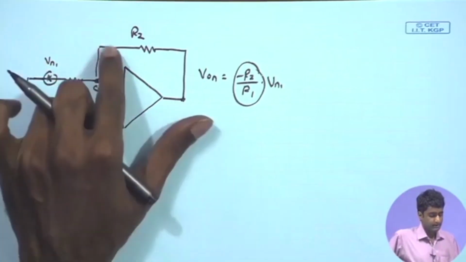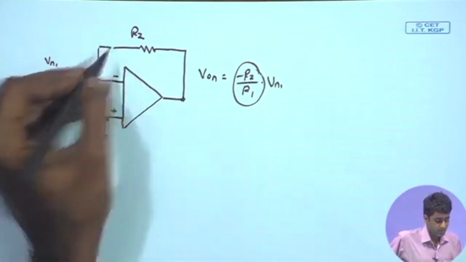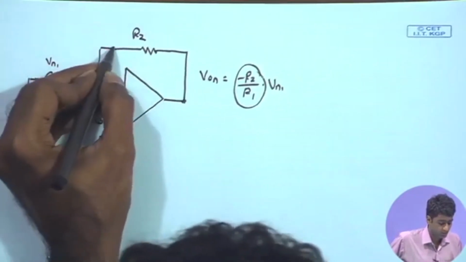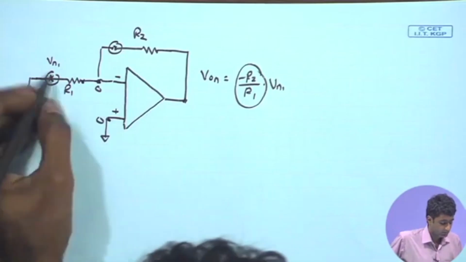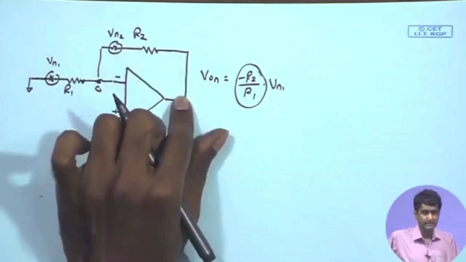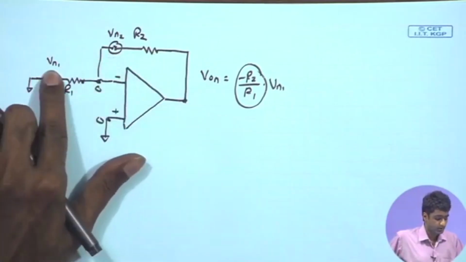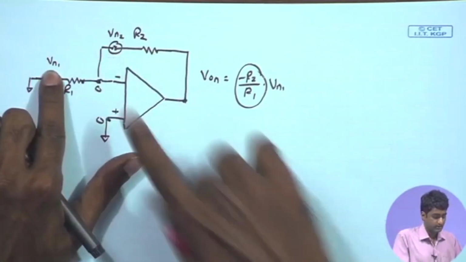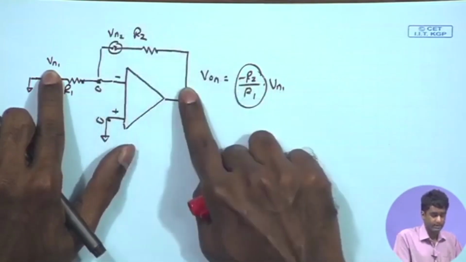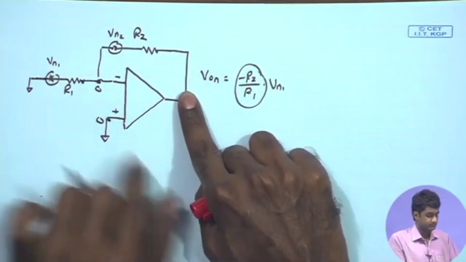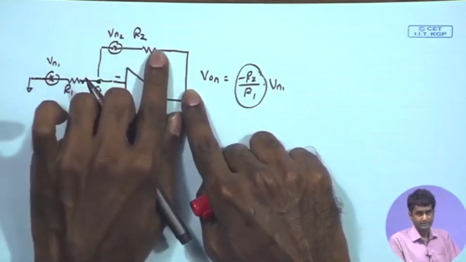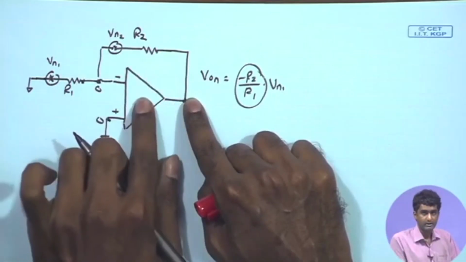Whereas, if I look at R2, setting VN1 to 0 and just considering VN2, that does not get amplified by this circuit. So, that remains as it is, and therefore the noise contributed by this feedback resistor will not be amplified as compared to the signal.